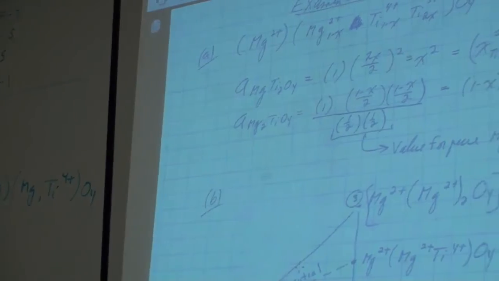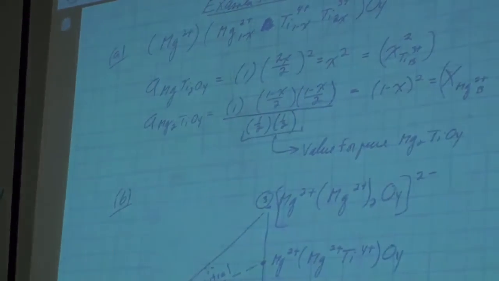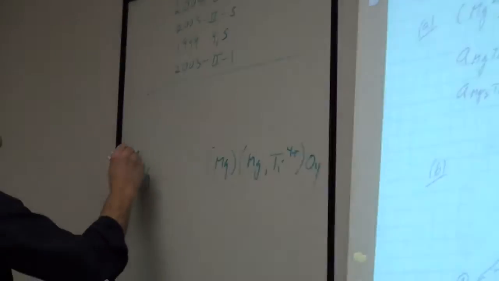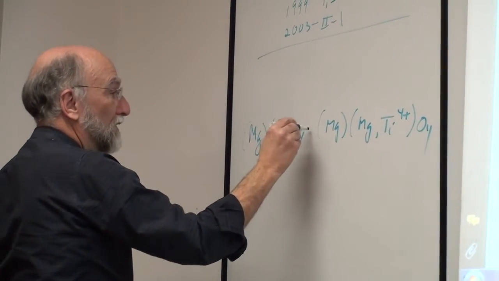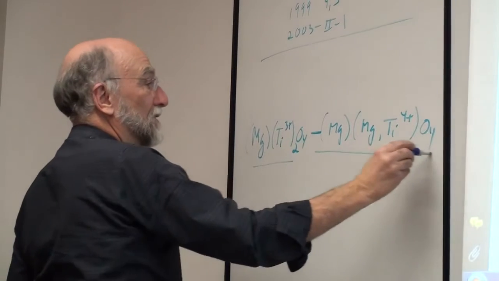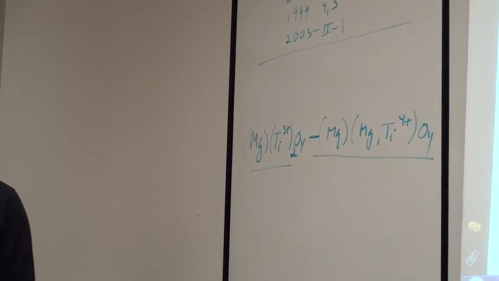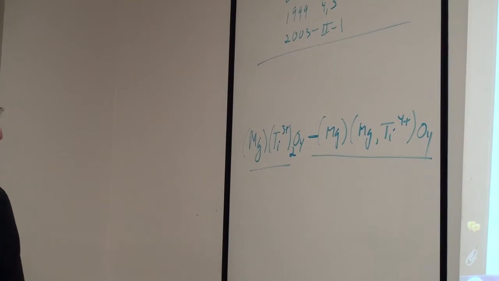Does everybody get that? No? Okay, your system is going from MgTi2O4 to Mg2TiO4. Those are the 2 components in the system. So you're going from pure MgTi2O4 to pure Mg2TiO4.